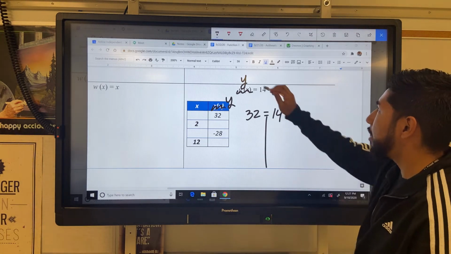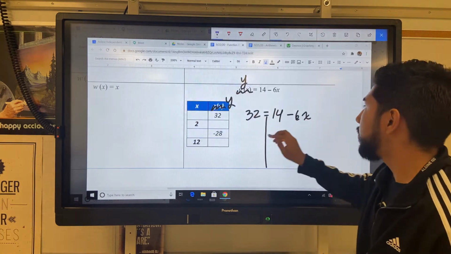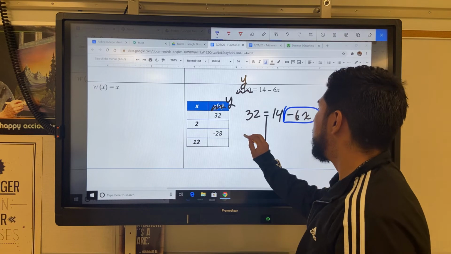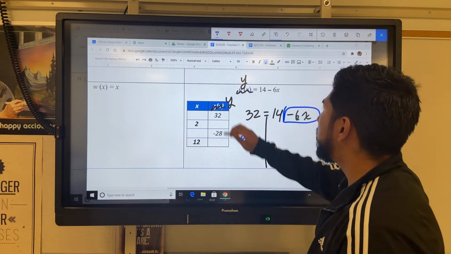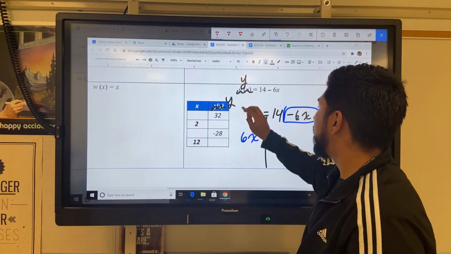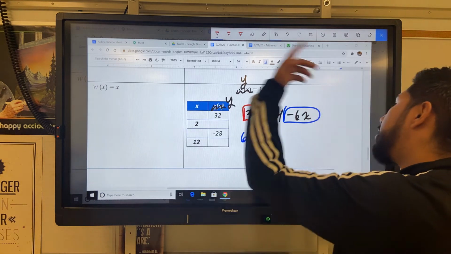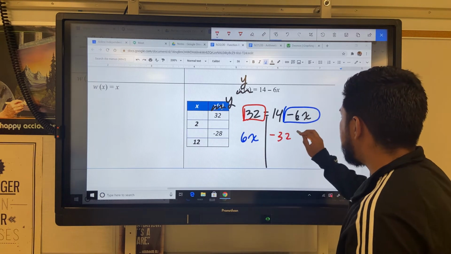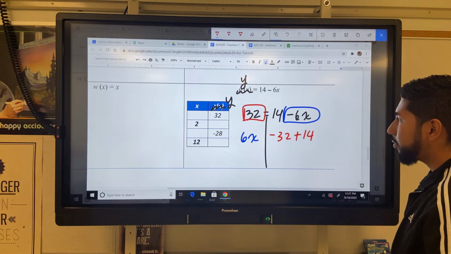Who doesn't belong? Negative 6. Negative 6 jumps over. Positive 6. Who else needs to move? 32. 32 jumps over. Negative 32. Don't forget about this positive 14.